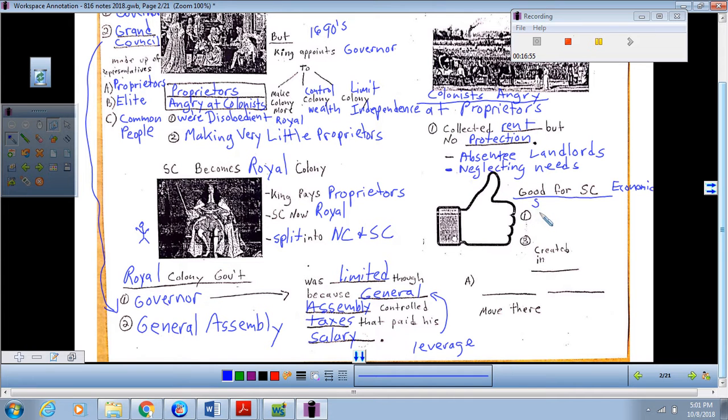Starts with an S, like they gave for indigo and sometimes rice. Yes, they are called subsidies. There would be subsidies for what came from pine trees and helped keep ships watertight. Yes, naval stores. There would be subsidies given for naval stores after South Carolina becomes a royal colony.